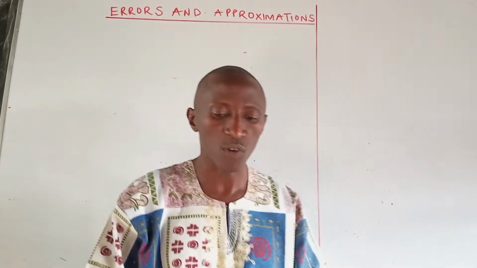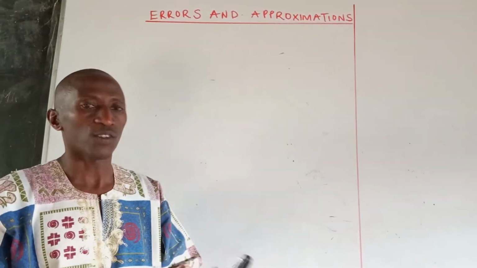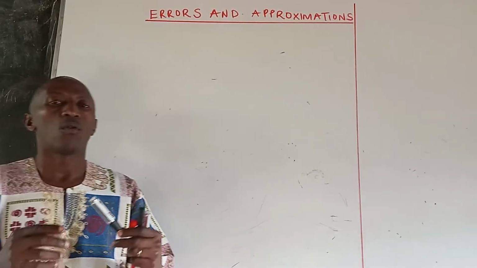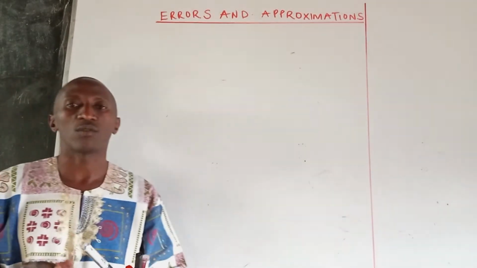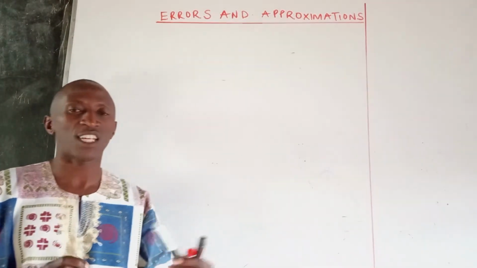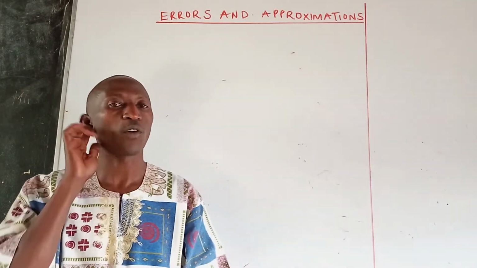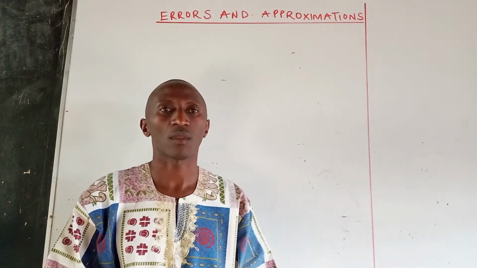Straight away, let's look at sources of errors. The question, where do errors arise from, will be the answer to the definition of what is an error and what we mean by approximation.